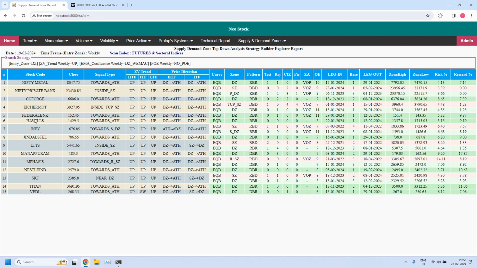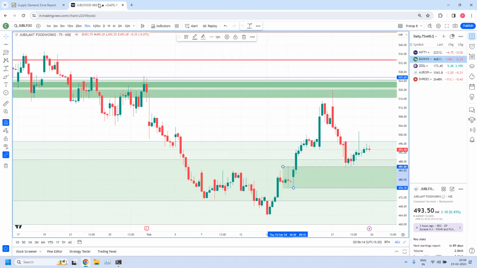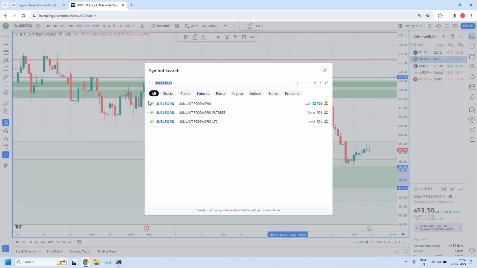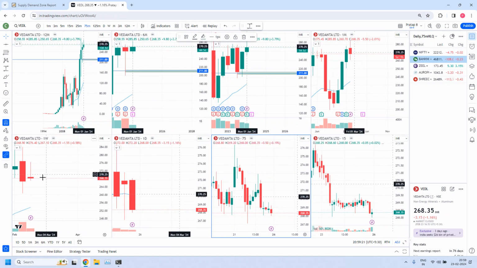So, any good stock there? Already we have seen INFI. Let us look into VEDL, Vedanta. We are in the 75 minutes time frame. We are supposed to be in a weekly time frame.